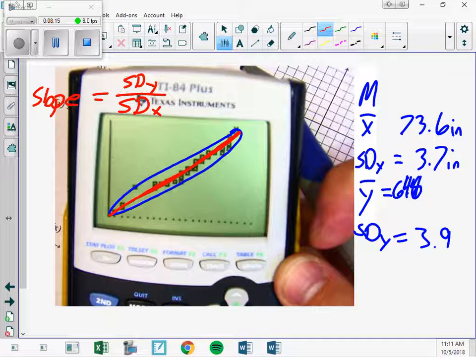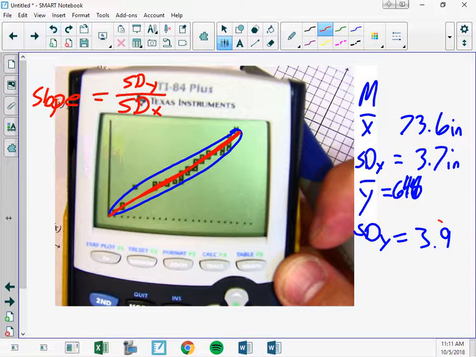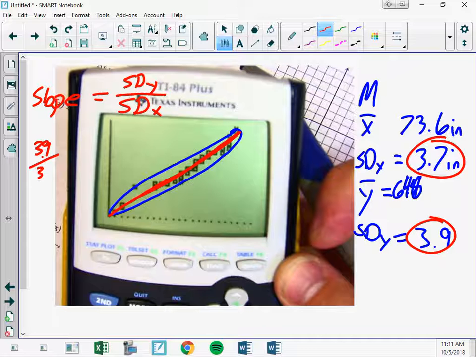It's going to be 3.9 divided by 3.7. So what is 3.9 divided by 3.7? 1.05.